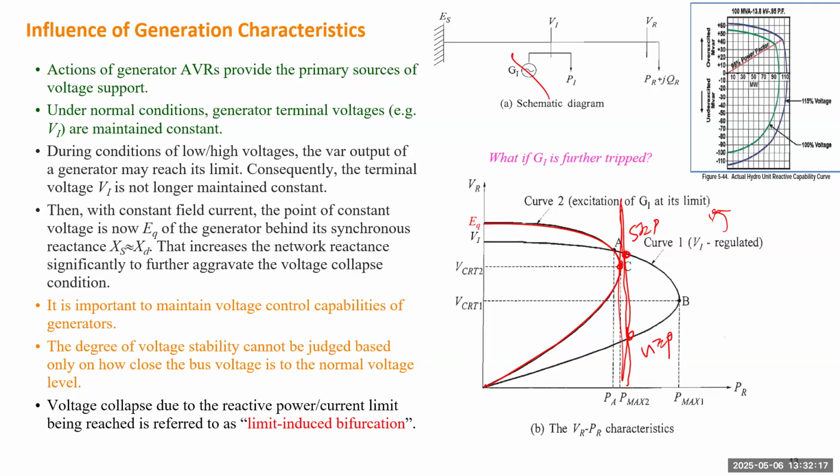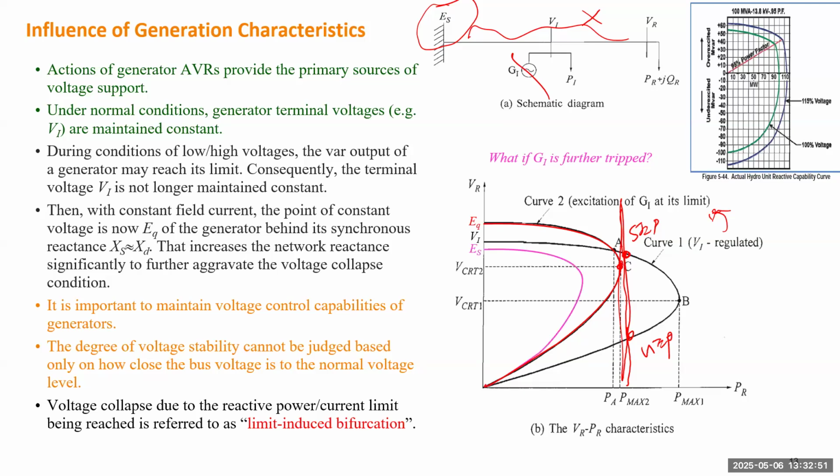Because if the generator operates at an over-limit condition too long, the generator can be tripped by protection. So if that happens, can we use those two PV curves anymore? Neither one will be correct. We have to redraw the PV curve based on this voltage and the total reactance. We have to redraw another PV curve. So using that PV curve, we'll know where the condition will go.